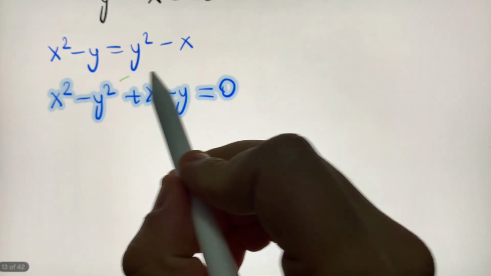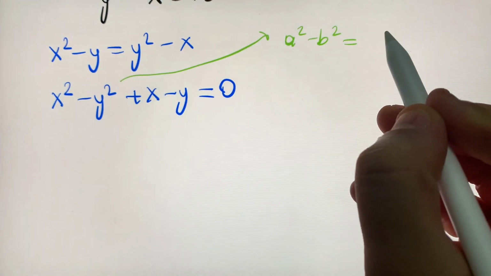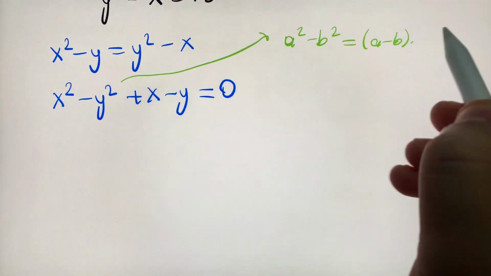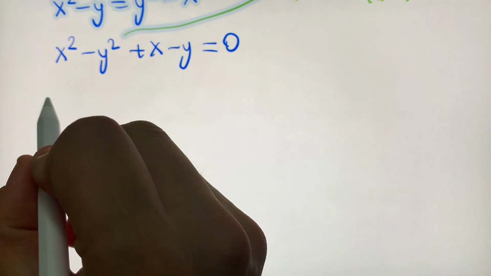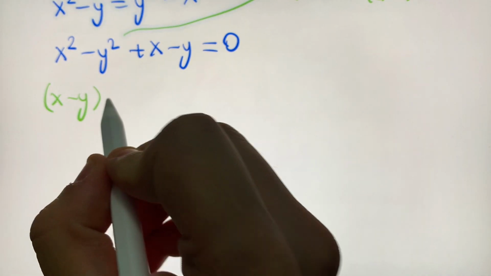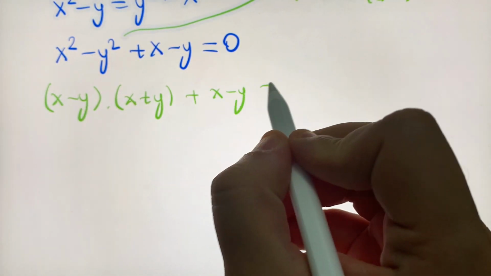What can I do next? If we remember, what was the expression for a squared minus b squared? It is a minus b times a plus b. I use it: x minus y times x plus y, plus x minus y is equal to 0.